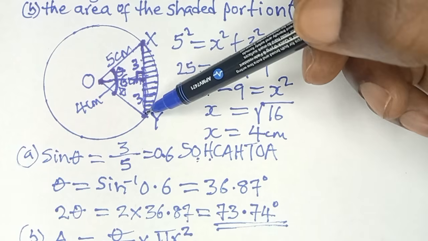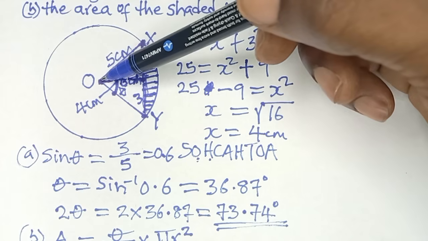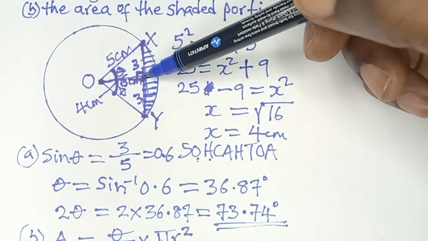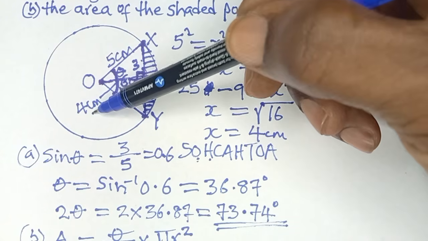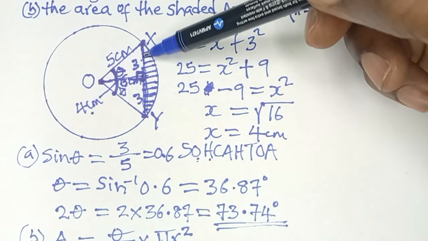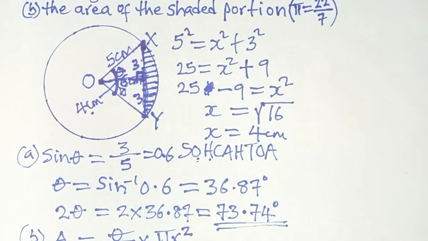The base of the triangle is 6, and the height of the triangle is 4. That is this distance, from here to here is 4, as we have obtained, as you can see here. So we can call this the base of the triangle, and we're going to use half base times height to find the area of the triangle.